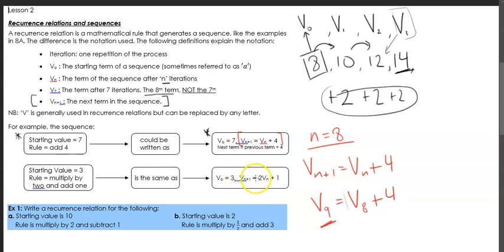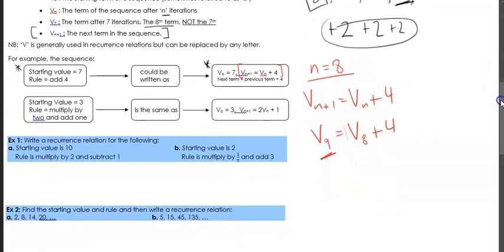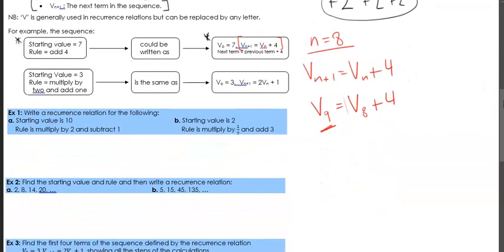So to get the next term, we have to get the previous term and multiply it by 2. So 2 times V of n being the previous term, and just add 1. So it takes a bit to get used to with this new terminology, but with a bit of experience and a bit of practice, you should get the hang of it.